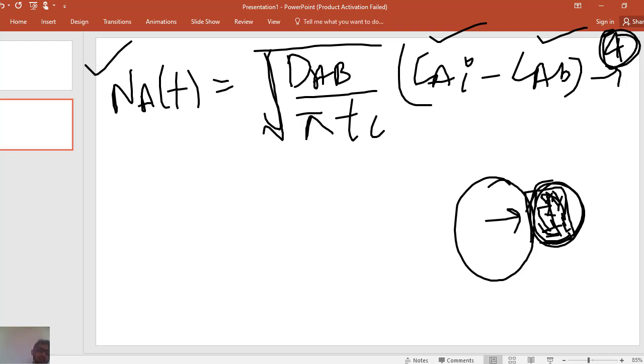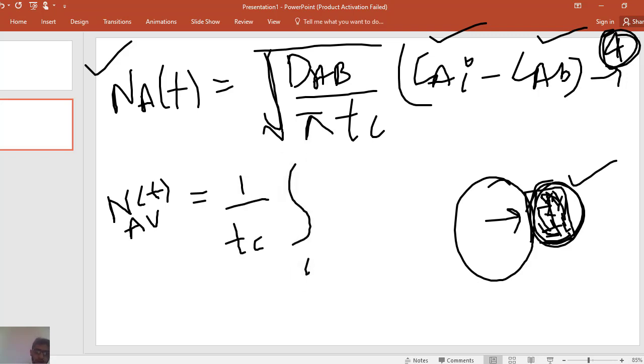Now the average mass flux of component A in the liquid element will be given by NA average, which is equal to 1 divided by contact time, integral from 0 to contact time of NA(t) dt.